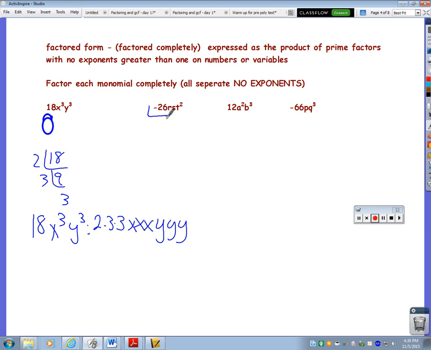You do the same thing with negative 26 r s t squared, which is negative 1 times 2 times 13 times r times s times t times t. Okay, and you can go ahead and prime factor 12a squared b cubed and negative 66p q cubed, and we'll check that together in class tomorrow.